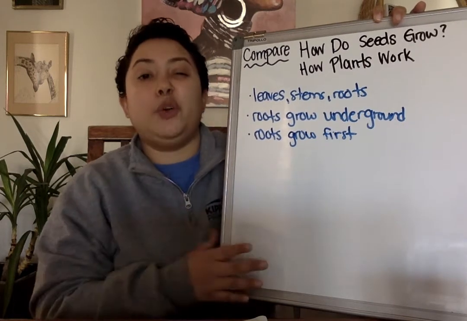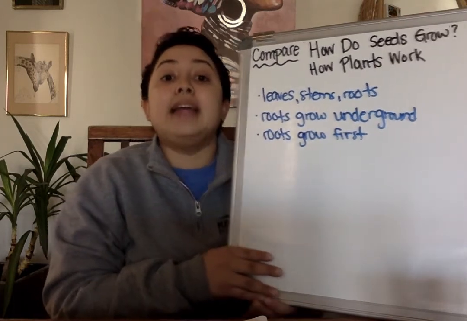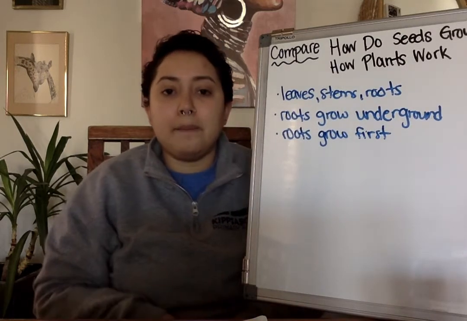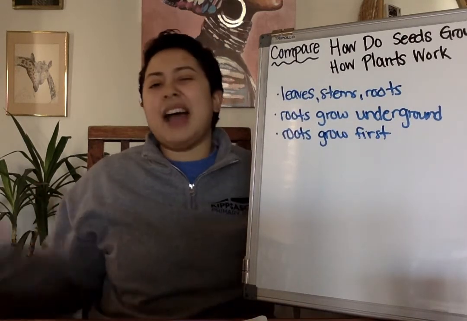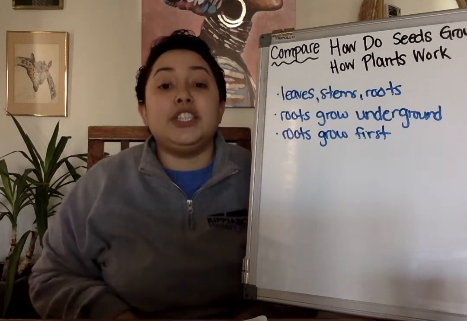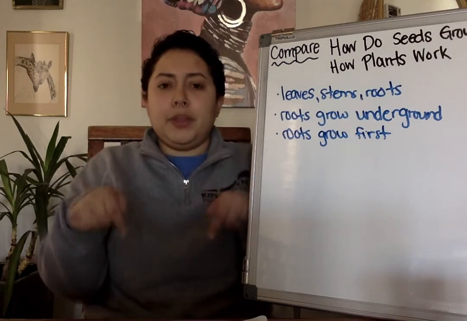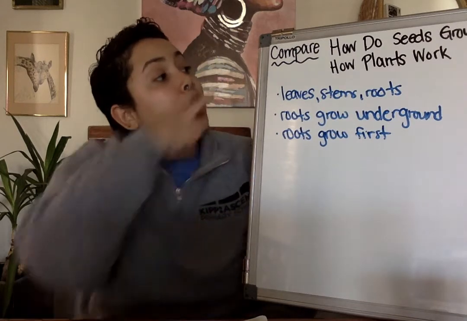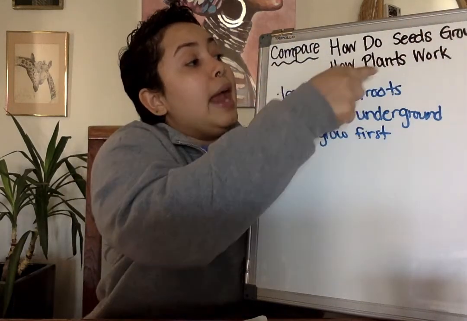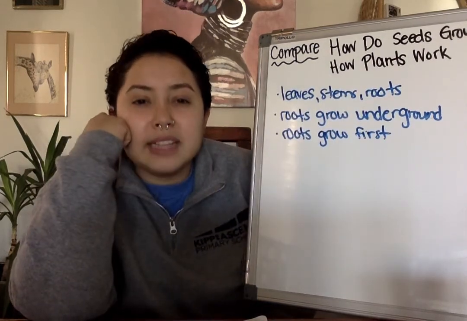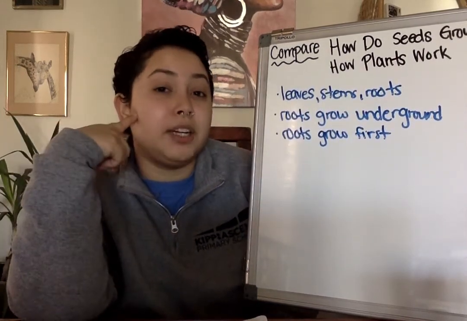You can make your very own list by tapping out the sounds and words and writing them down, or making illustrations, because I love to make illustrations when I'm in class, or sometimes when I work on the computer with you. Now, we're comparing how do seeds grow and how plants work. Did you think of or find ways that these two texts are similar?